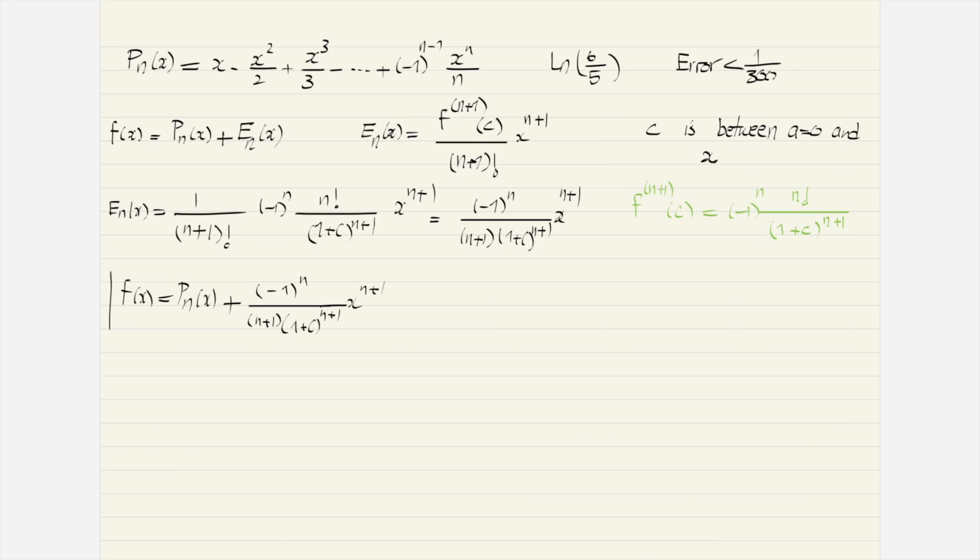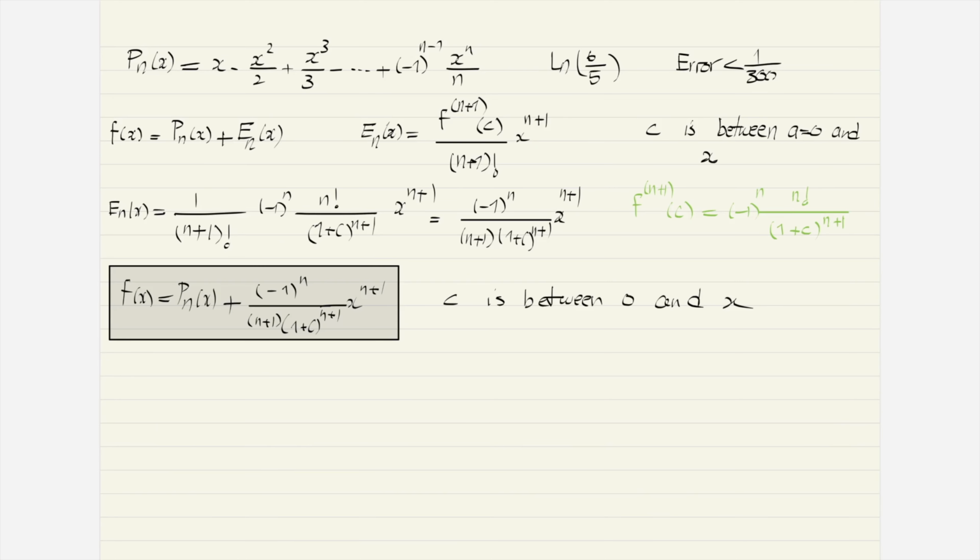Okay, so that is the exact value. And if you ask me where c is, it is still between 0 and x. Okay, but now, because the problem demands to calculate ln of 6 over 5, do you remember what the function was? The function was, let me write it here with a different color, f of x equals ln of 1 plus x.